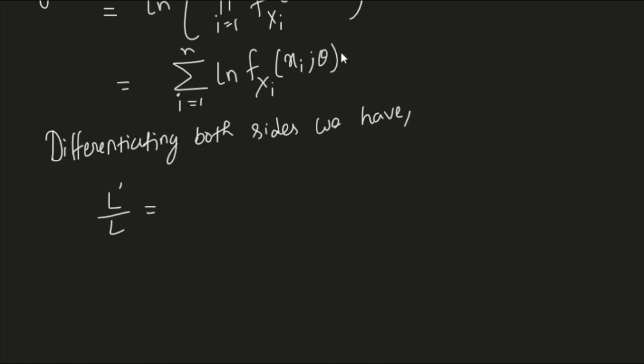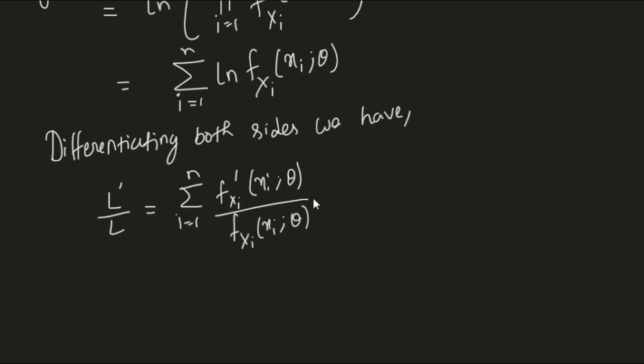Since we are maximizing over θ, we differentiate with respect to θ, and differentiating, you get something like this. Comma θ.